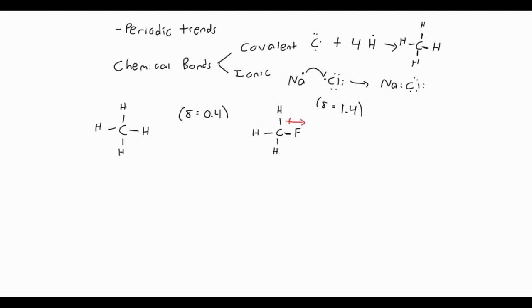We draw those a lot of times like this, with an arrow pointing towards the negative end, so towards the more electronegative element, and then with a little plus sign on the other side of the arrow that signifies that the carbon has a partial positive charge. We can also write that like this. We can write delta positive here and delta negative over by fluorine. So because of that, this is a polar molecule. And polar molecules often have much different reactivities than nonpolar ones.